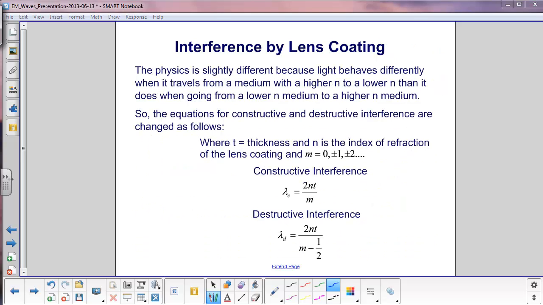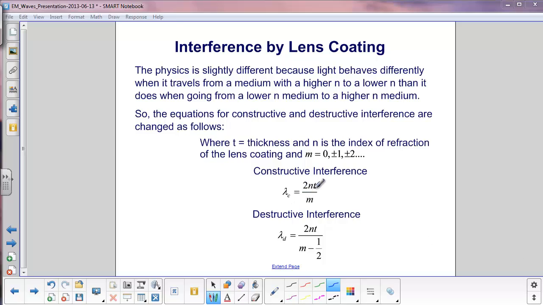The physics of this is slightly different. In this case, light will behave differently when it travels from a medium with a higher index of refraction to a medium with a lower index of refraction than it does when going from a lower n to a higher n medium. So the equations for this are changed as follows.